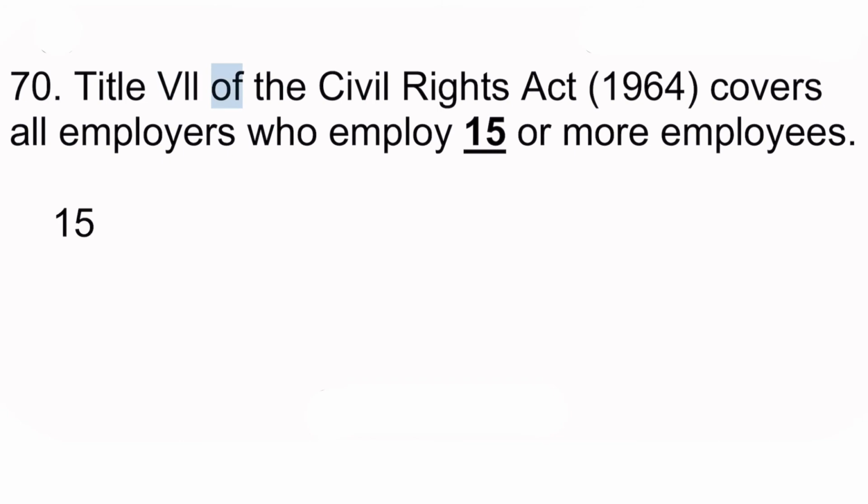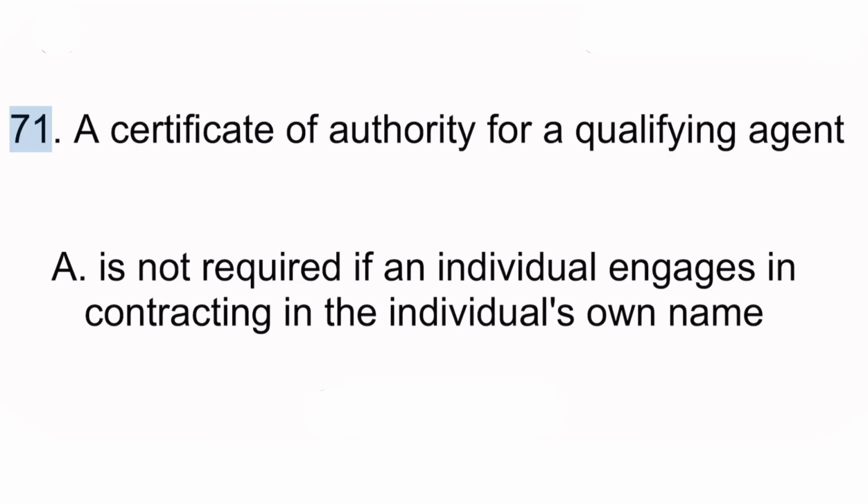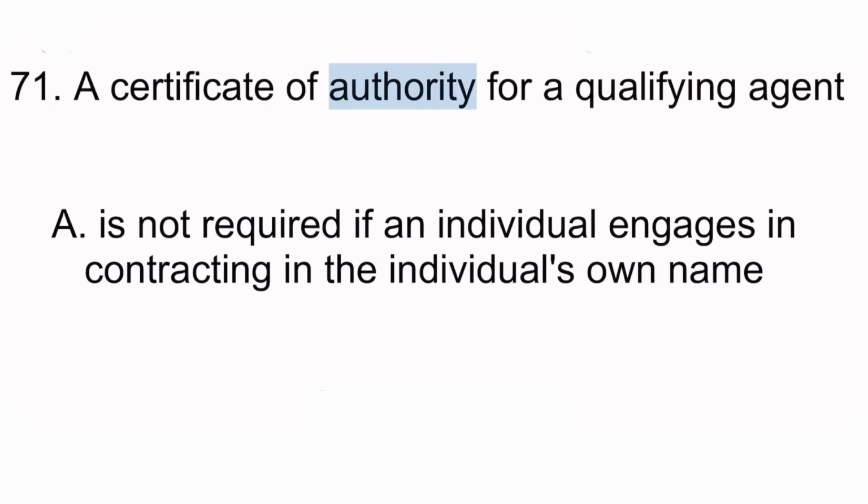Title VII of the Civil Rights Act of 1964 covers all employers who employ 15 or more employees. 15. 71. A certificate of authority for a qualifying agent is not required if an individual engages in contracting in the individual's own name.